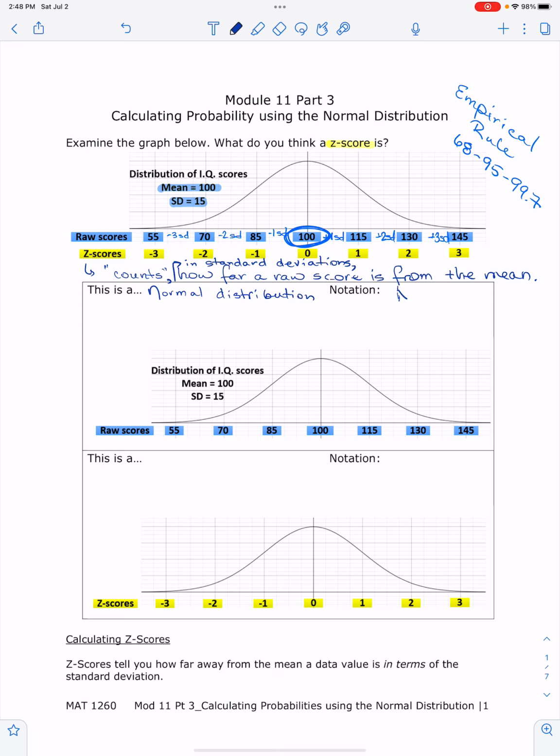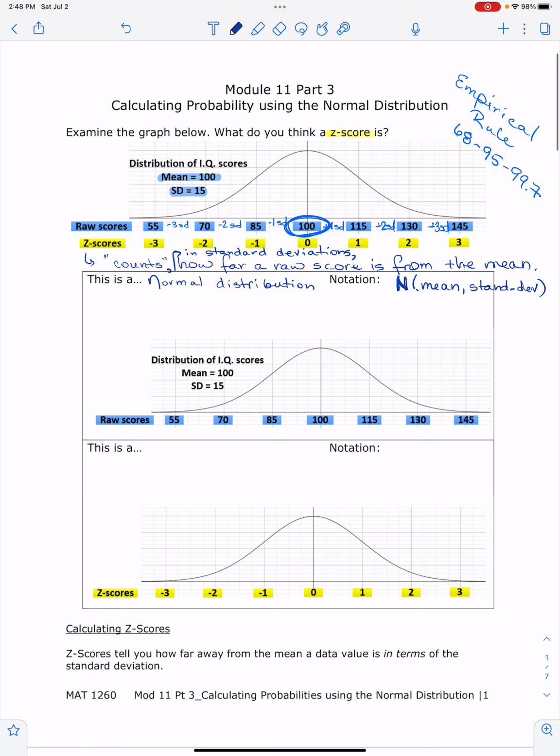Our notation is just going to be an N for normal. And then it's going to list the mean and the standard deviation. Underneath, this is a z distribution.